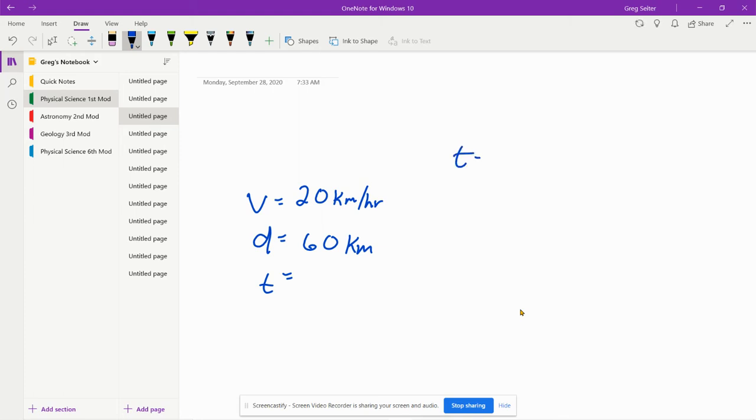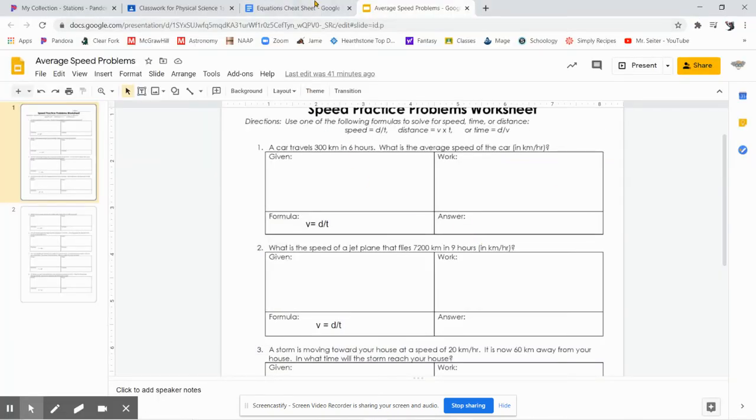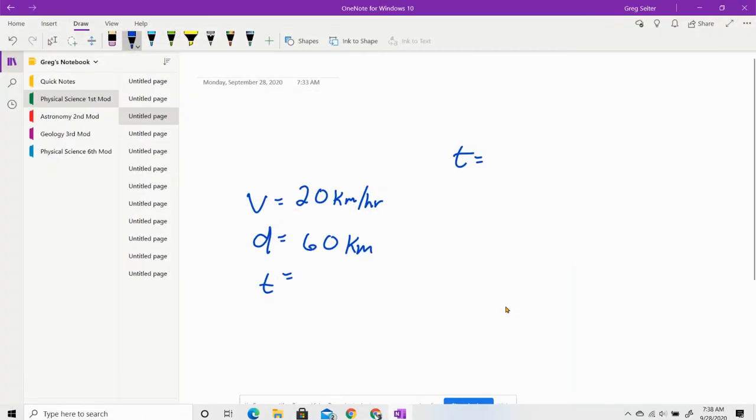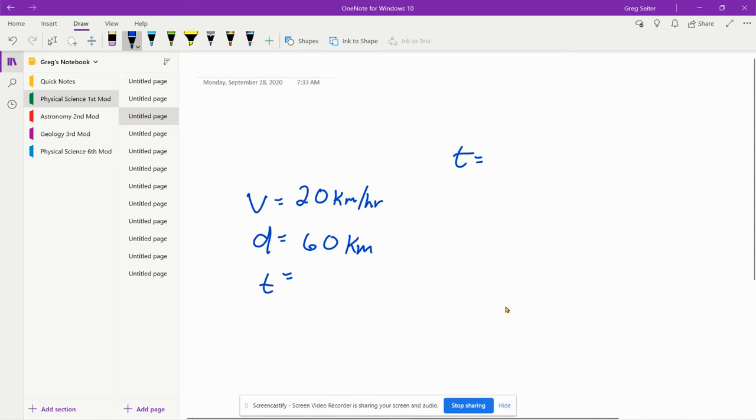So T equals. Well, let's go back real quick to our equation sheet. T equals D divided by V. Write that down. D divided by V. So T equals 60 kilometers over 20 kilometers an hour.